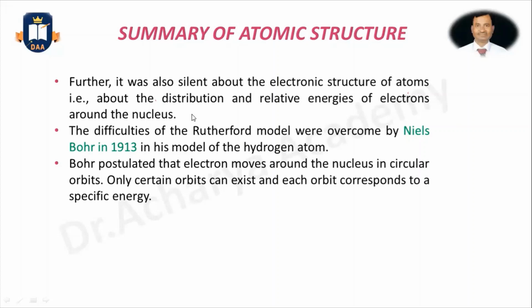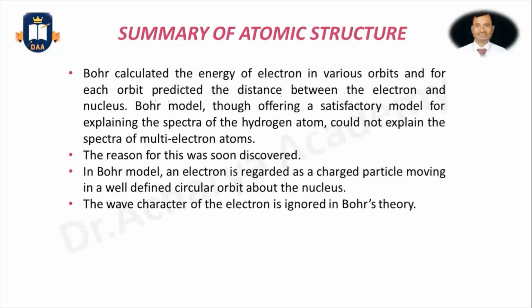But there were some difficulties in Rutherford's model, and then Niels Bohr in the year 1913 improved the atomic model, especially for the hydrogen atom. Bohr calculated the energy of the electron in the various orbits, and for each orbit predicted the distance between the electron and nucleus.